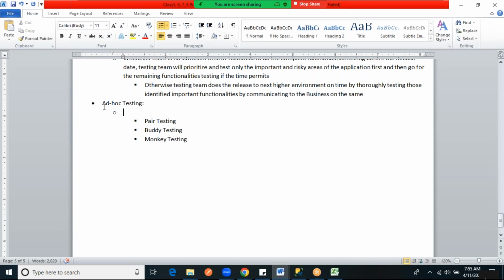So when you do so, testers will perform random testing on the application.